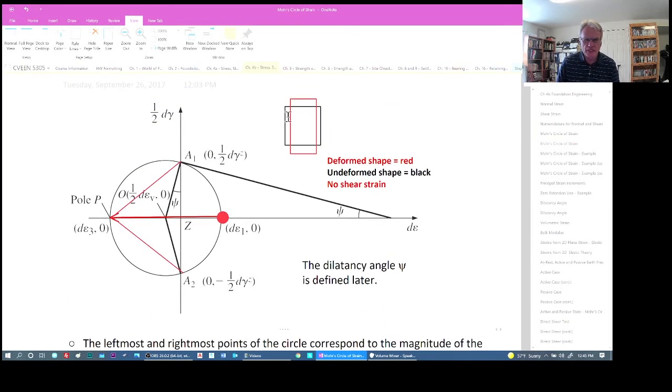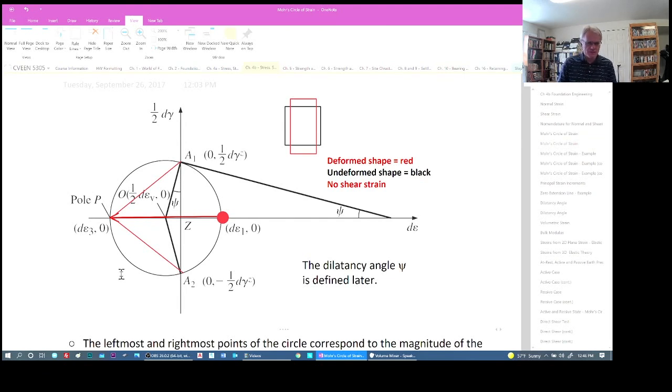Also, if we look at the x3 direction, we see that it's been elongated, so we would take the change, the difference between here and here, divided by the original length, and that will be negative because elongation in the normal direction is plotted as negative, so it would plot here, and then we connect these two points.